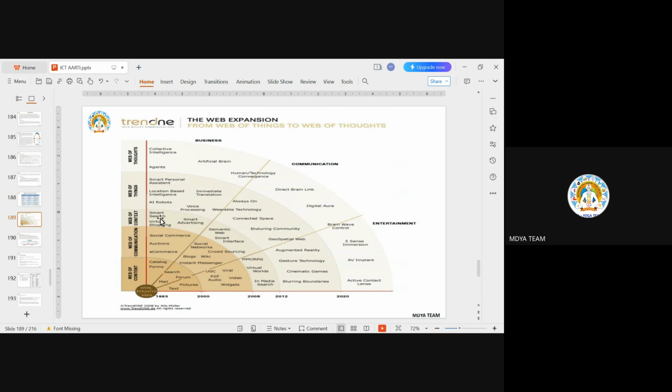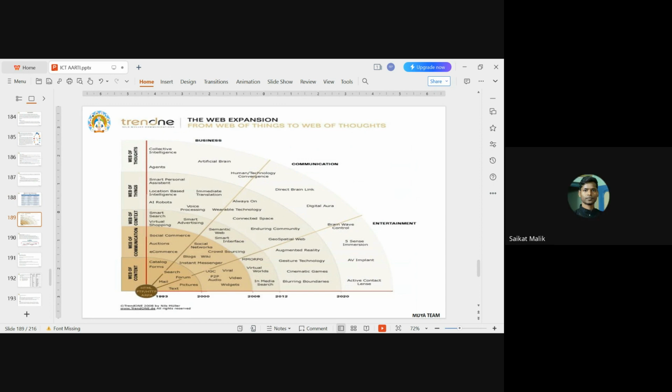It is connected directly with your thoughts. Web 4.0 is a symbiotic web. Whatever you are saying, your machine will immediately understand. Has anybody used ChatGPT?